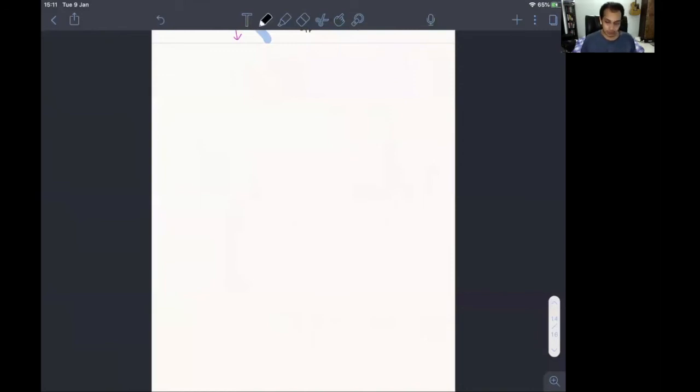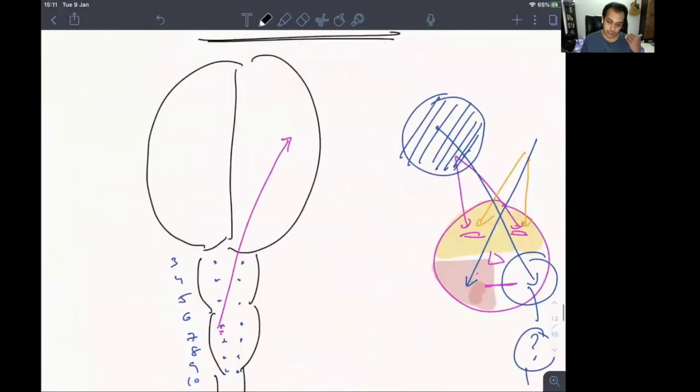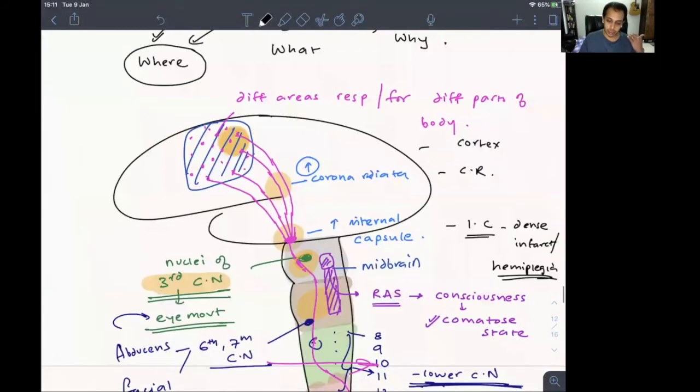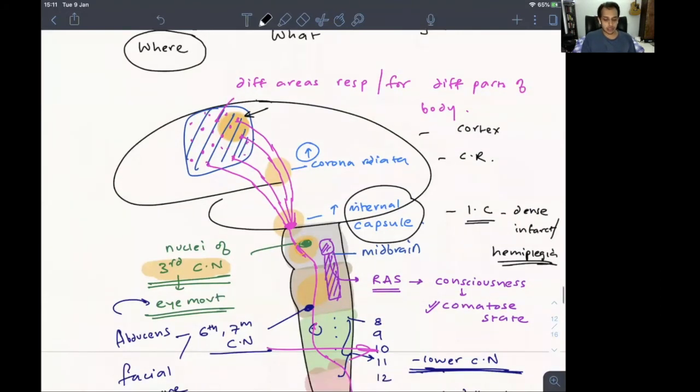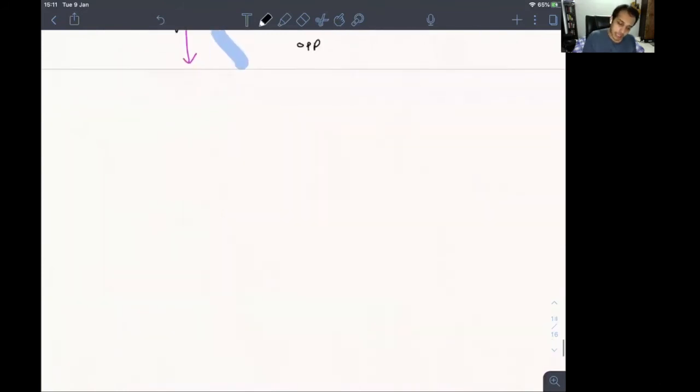Okay, now one line on the size of the lesion. I have already told you how a small stroke can cause dense hemiplegia if it involves the internal capsule, whereas a small stroke will cause a mild hemiplegia if there is involvement of the cortex. What if there is a large stroke of the cortex? Depending on the size of the stroke, suppose it is a large stroke, this could be either an infarct or a hemorrhage.